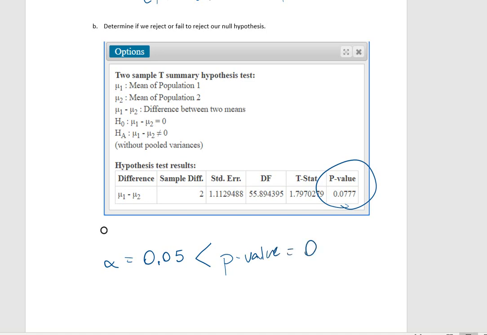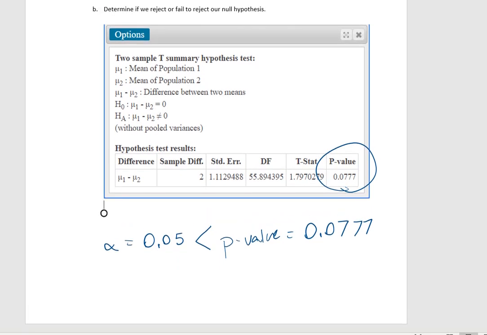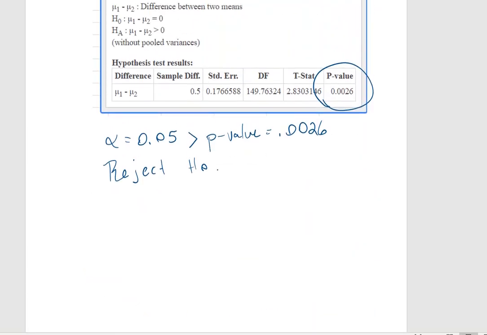So our p-value is 0.0777. Since our p-value is greater than our alpha, what that means is that we fail to reject H0. That means that we did not find sufficient evidence that there is a difference between vitamin D levels in athletes and non-athletes.